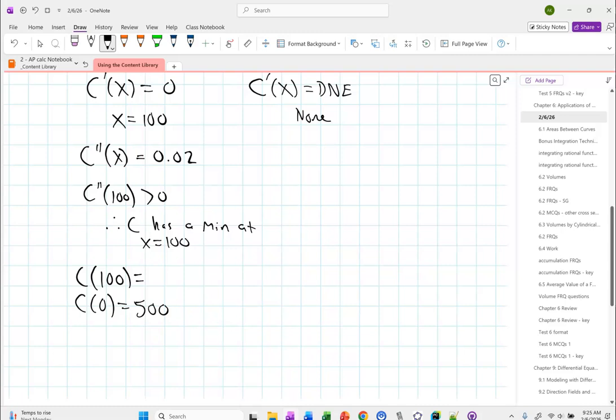And then C of 100, we have 100 minus 200 plus 500. That's 400. That's the smaller of the two values. So I'd say the minimum cost is 400, and that occurs when I produce 100 units.